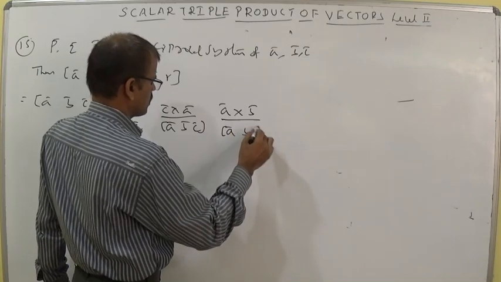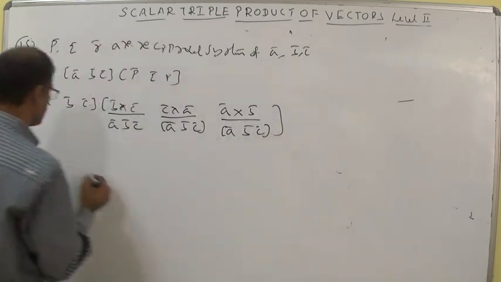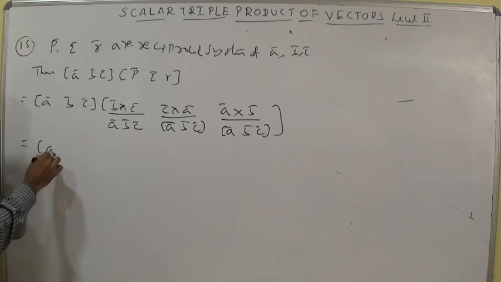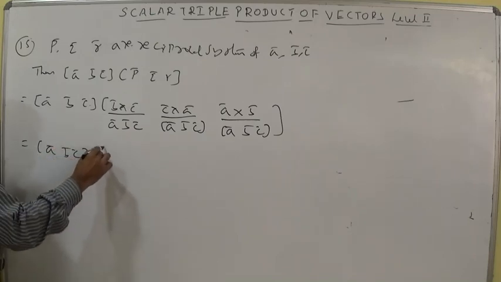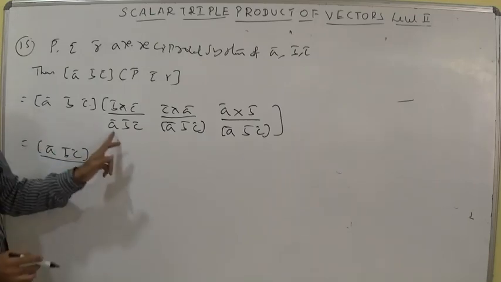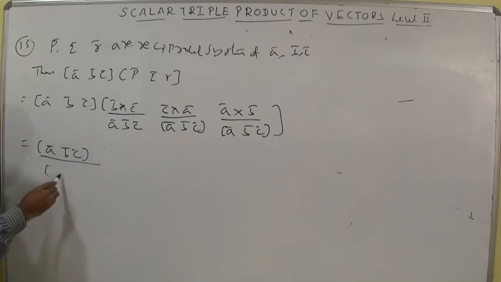Overall, box ABC into whole by, this is 1, 2, 3, box ABC whole cube.